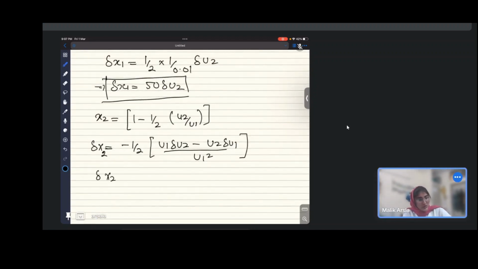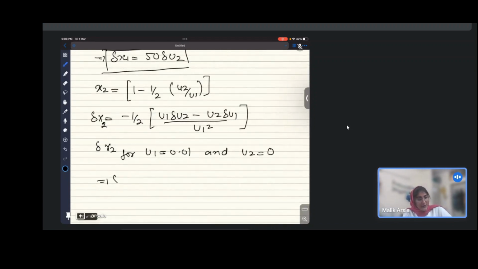Now del x2 for u1 equal to 0.01 and u2 equal to 0, we are getting the value of del x2 equal to minus 1 by 2 into 1 upon 0.01 del u2, which is coming out to be minus 50 del u2. Again, you can see that this is depending only on del u2 and not del u1.